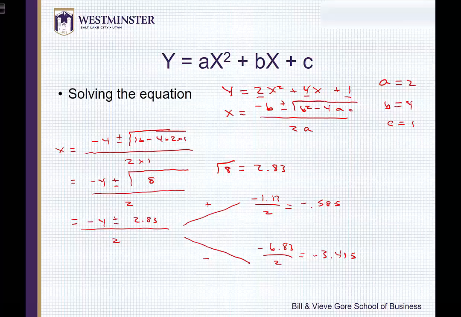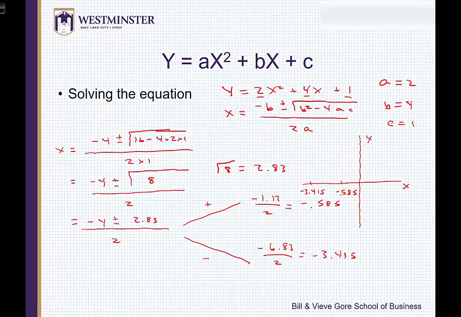And if we think about our Cartesian coordinates, x and y, I've got 2 points along this, a point here at negative 3.415 and another point here at negative 0.585.